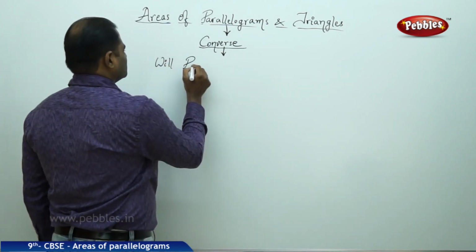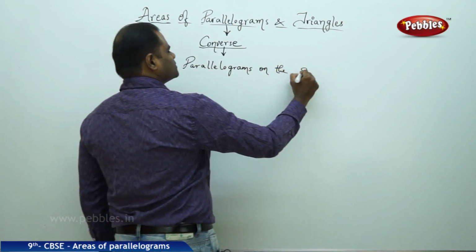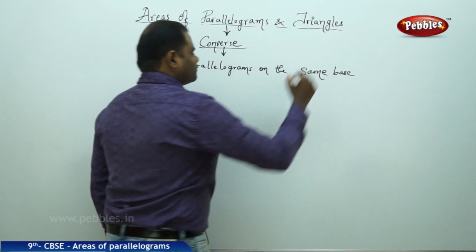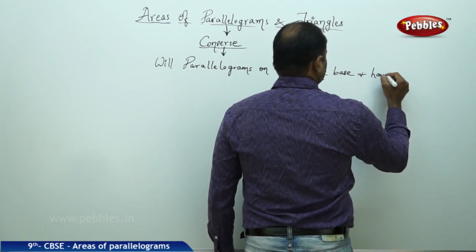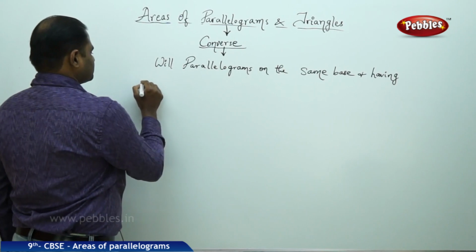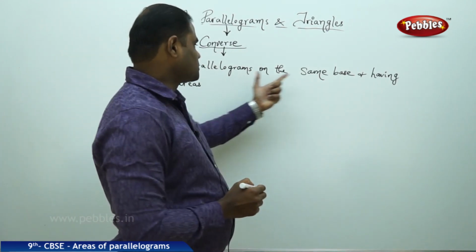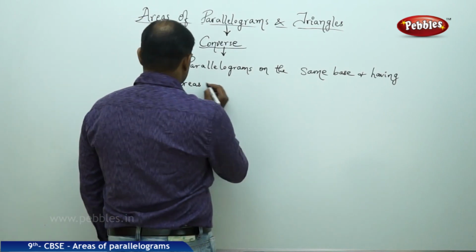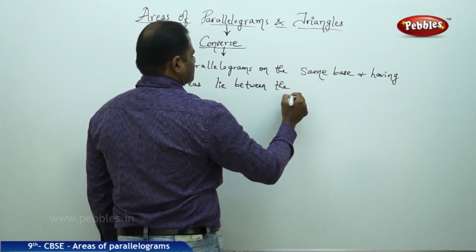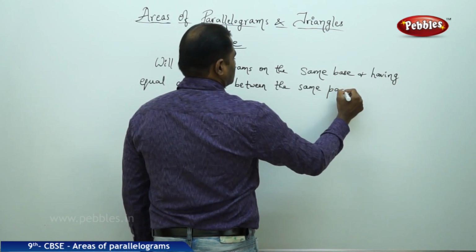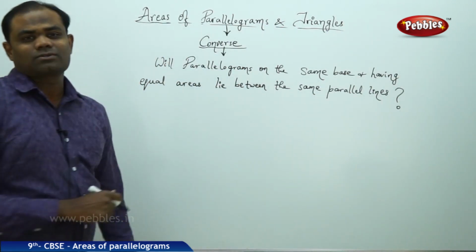My question is, will parallelograms on the same base, and having equal areas, the two parallelograms or any number of parallelograms on the same base and having equal areas, lie between the same parallel lines? That is what I have as a question for the converse.